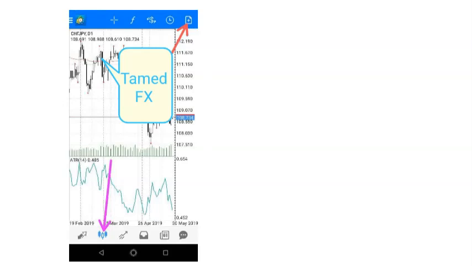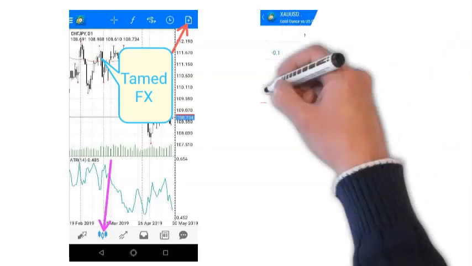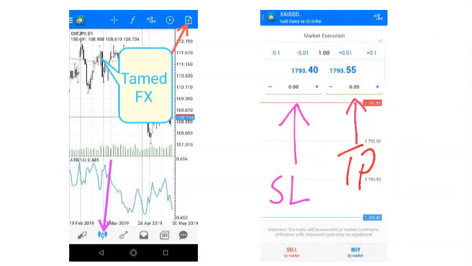And secondly, you click the button pointed by the red arrow, which a window will pop up like this image. Now this is where you can input your take profit and stop loss. TP stands for take profit, SL stands for stop loss.